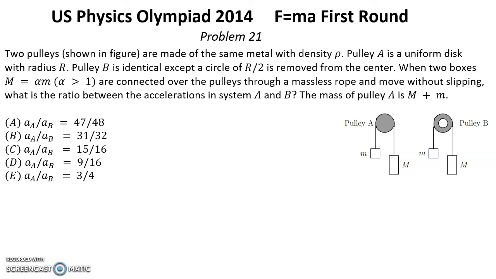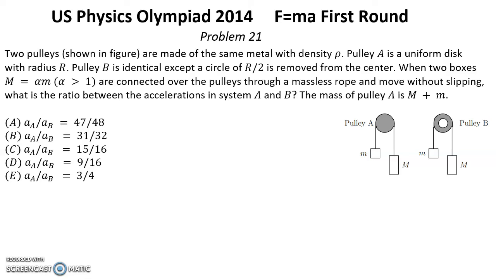Problem number 21. Two pulleys shown in a figure are made of the same metal with density rho. Pulley A is a uniform disc with radius r. Pulley B is identical except a circle of radius r over 2 is removed from the center.